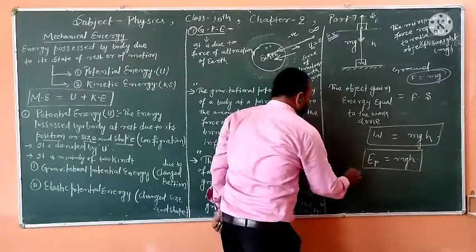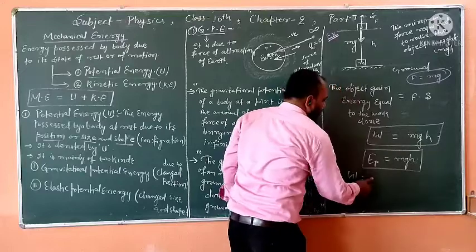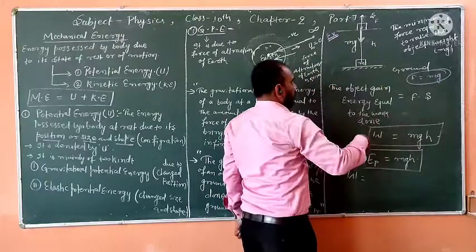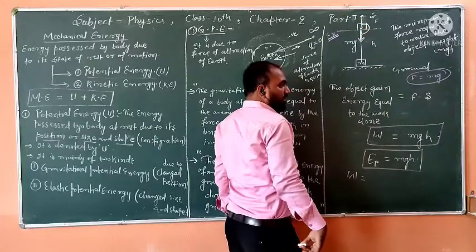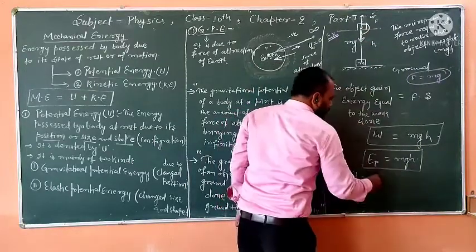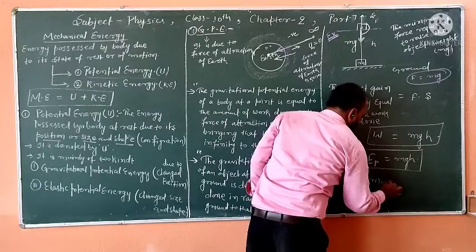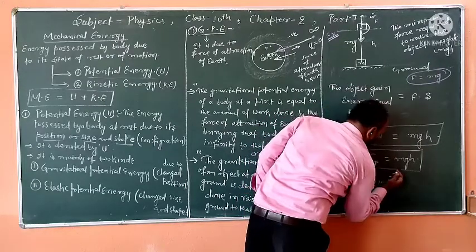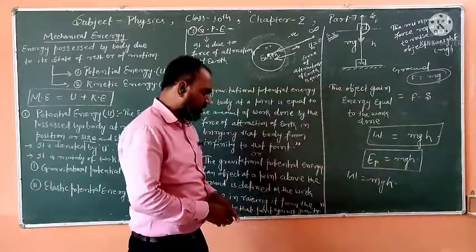So the work done will become negative because the angle between displacement and the force of gravity is 180. So mg cos 180 will become minus mgh. Okay, minus mgh.